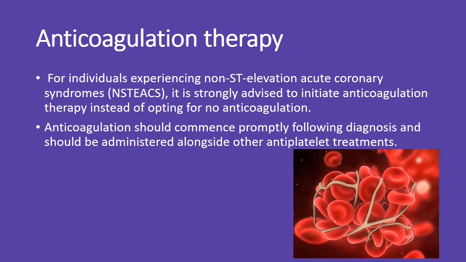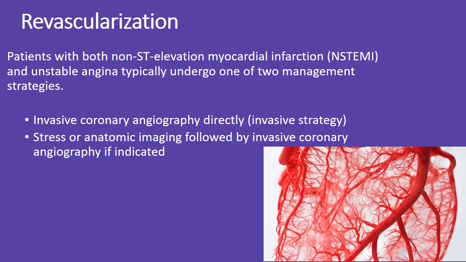For individuals experiencing non-ST elevation MI acute coronary syndrome, it is strongly advised to initiate anticoagulation therapy instead of opting for non-anticoagulation. Anticoagulation should commence promptly following diagnosis and should be administered alongside the antiplatelet therapy. After the initial medical therapy, revascularization is the mainstay of management in non-ST elevation myocardial infarction.